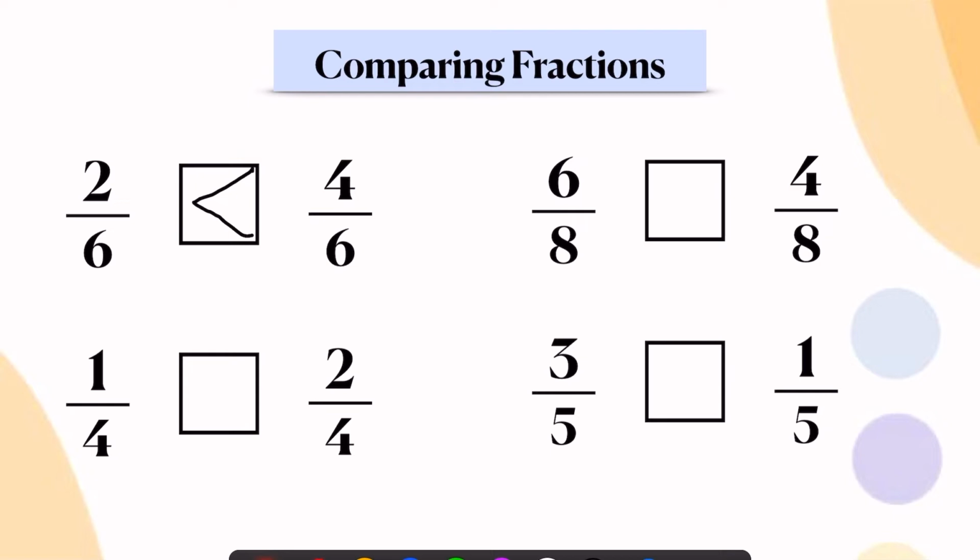And 6 over 8 is greater than 4 over 8. Very good. Now 1 over 4 is less than 2 over 4, obviously. Now 3 over 5 is greater than 1 over 5. Okay? Easy.